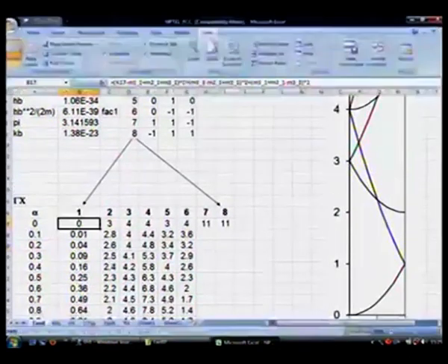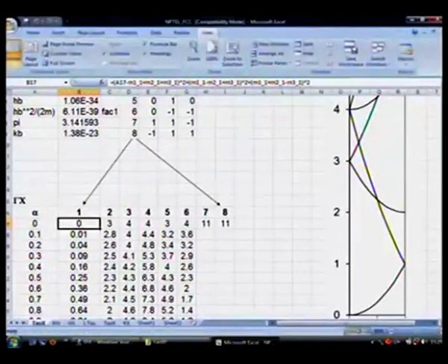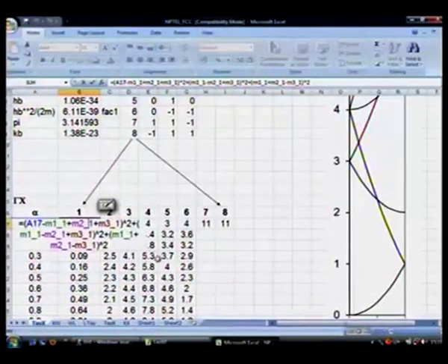If I look at this cell, what is the calculation I am doing? You can see right here the value of alpha, and look at the formula: M1 plus M2 plus M3 squared, M1 because it is k squared now, then M1 minus M2 plus M3 squared, and then M1 plus M2 minus M3 squared.